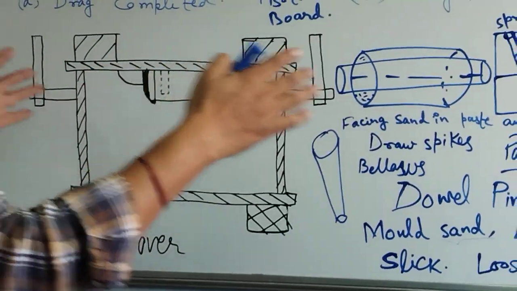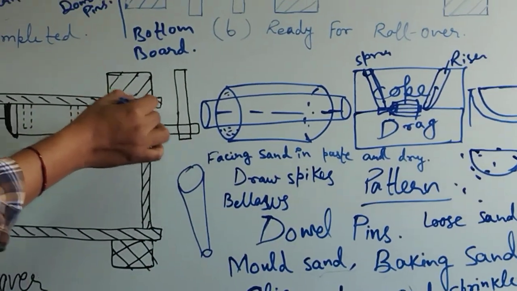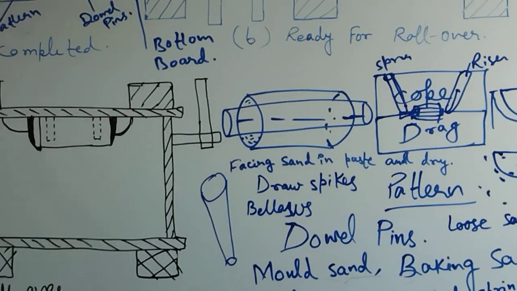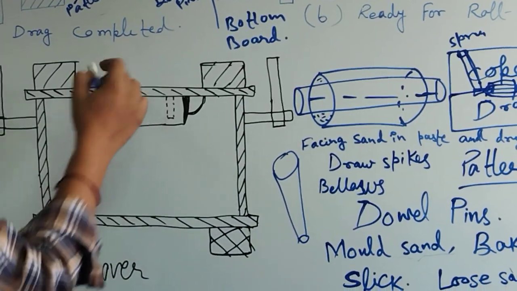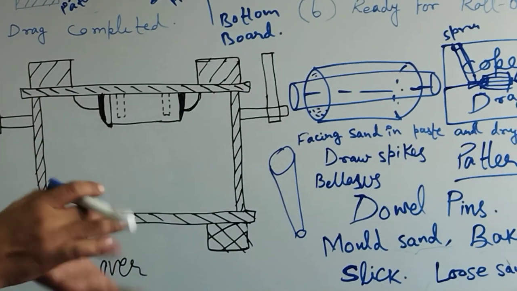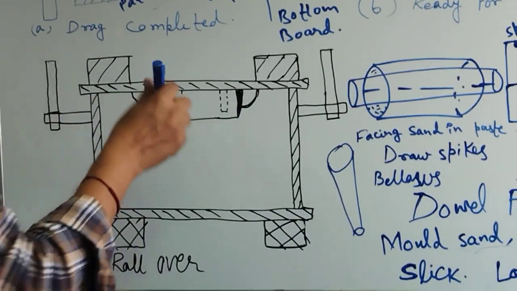Now we put the cope flask over the drag flask, and again the pattern is on the opposite side.